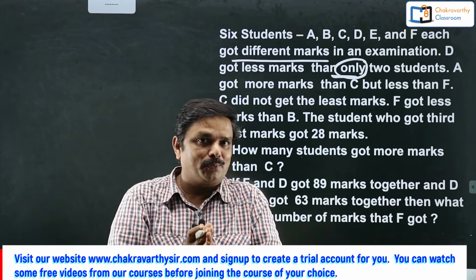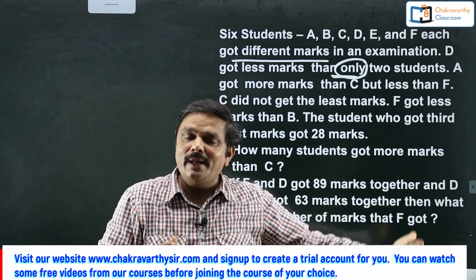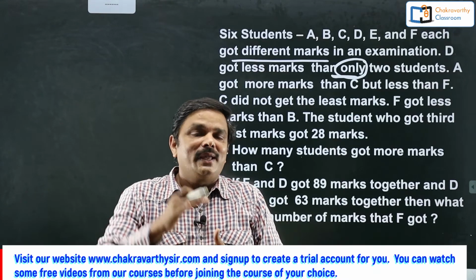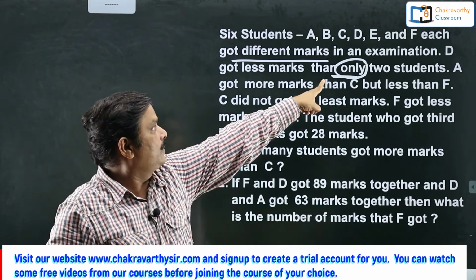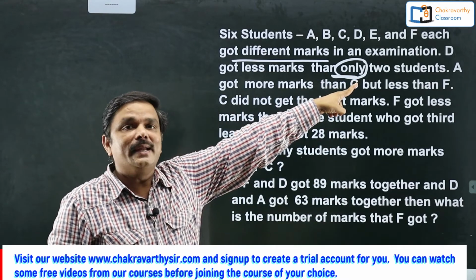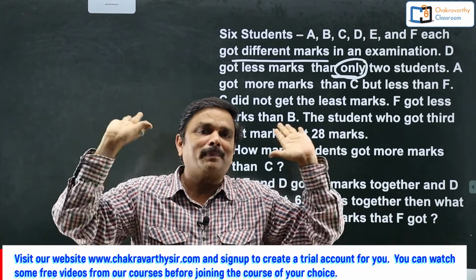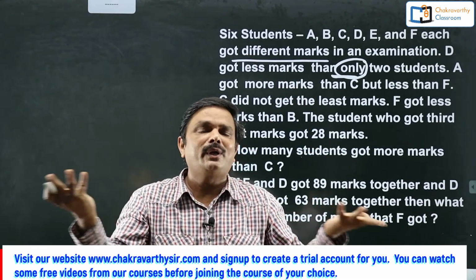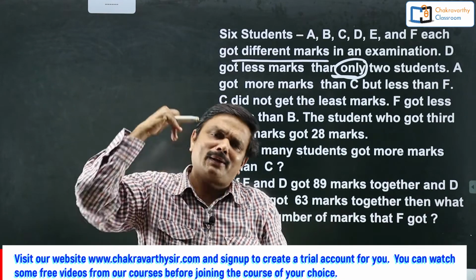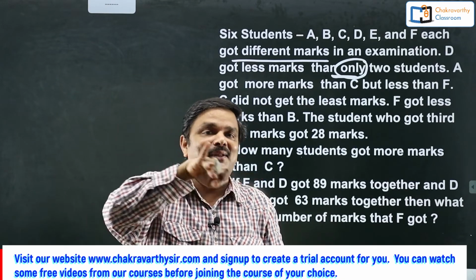How is that one? I repeat this point. If they use the word only, you are lucky enough in the examination. Here they have used the word only for D. That means directly you can confirm the place of D on the chart itself. No need to go for any rough work. Directly on the chart and indirectly other places also.